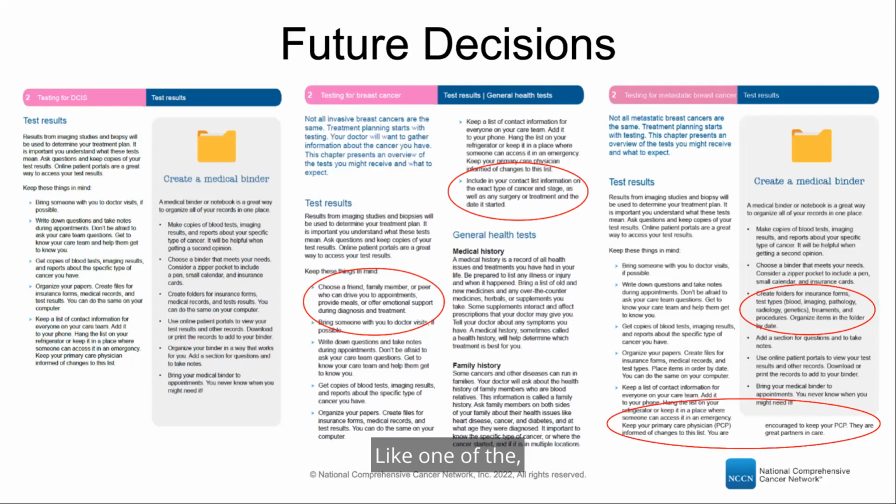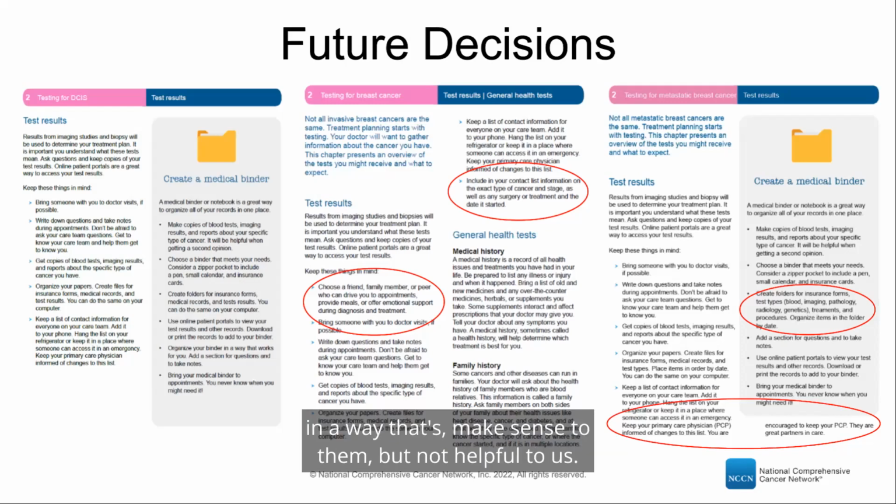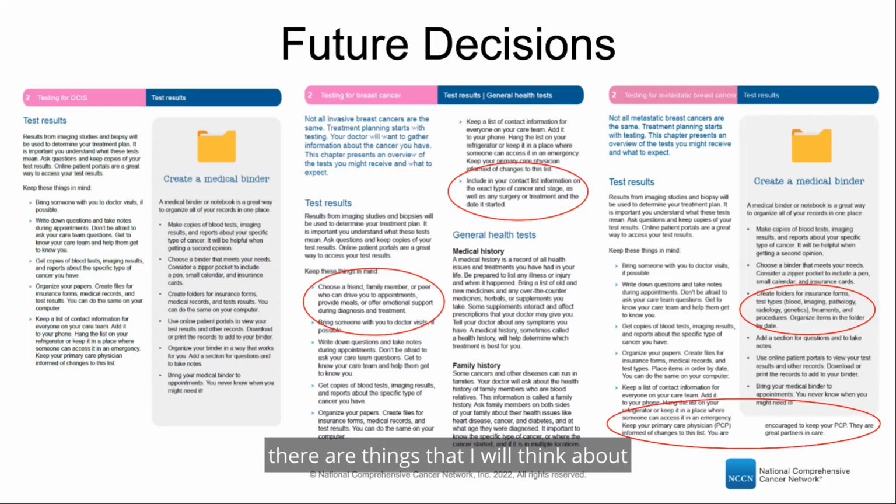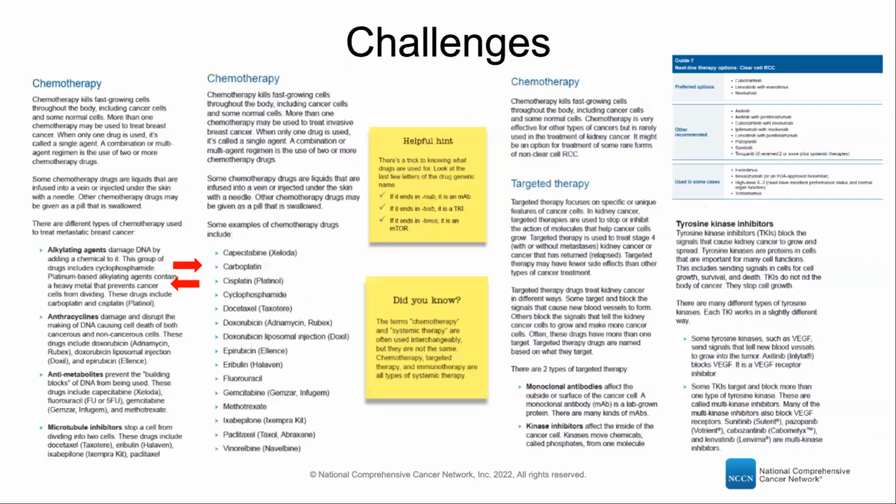One of the physicians said, well, patients might organize them in a way that makes sense to them, but not helpful to us. So you're balancing that suggestion. There are things that I will think about and see what comes out the next step.